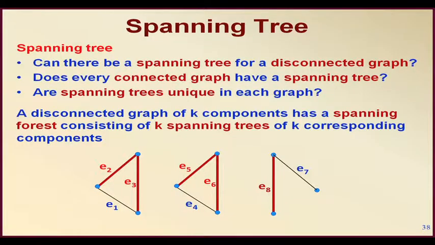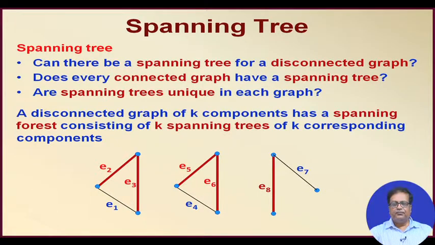The second question we ask here: does every connected graph have a spanning tree? If a graph is connected, can there be a spanning tree? In the worst case the graph could be a tree itself. If the graph is a tree, then the entire graph is a spanning tree of itself, because that graph is already minimally connected.